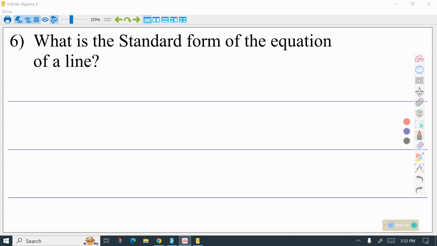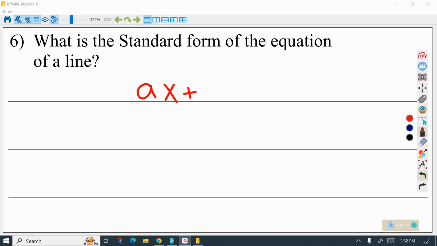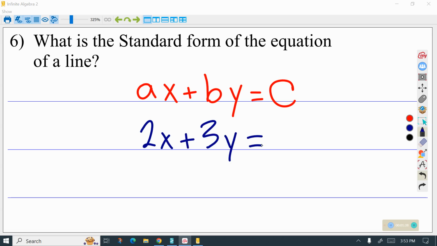When we do the equation of a line in standard form, the x and the y end up on the same side of the equation, and then we have some fixed values for a and b. So this would be a standard form of an equation, and if I add some values such as 2x plus 3y equals 5, then we can see what all these values are.